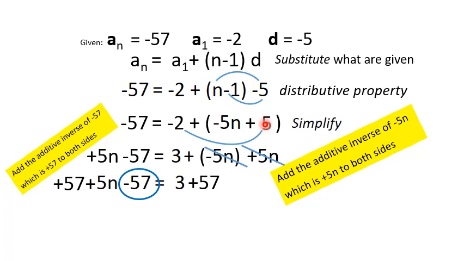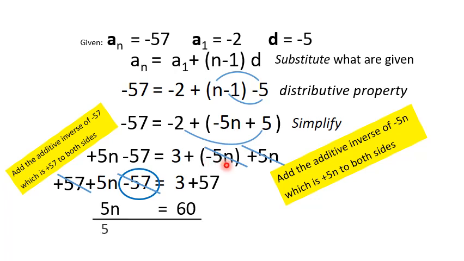Okay. By that, mangyari na ma-eliminate natin ang positive 57 and negative 57 magiging 0. So, sa left side, meron na lang tayong 5n and combine 3 plus 57 is equal to 60.